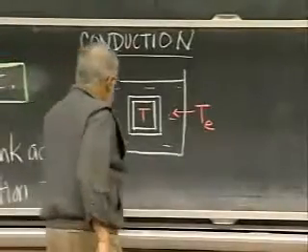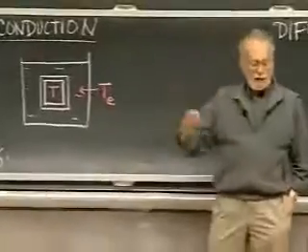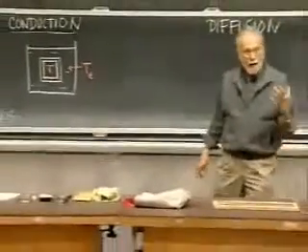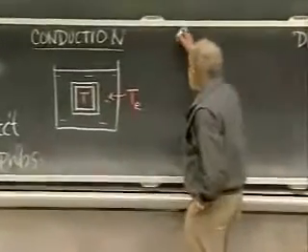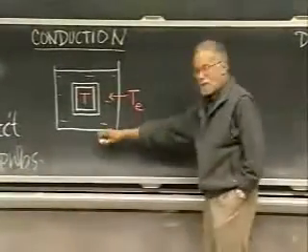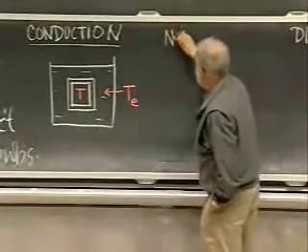Now, what is the model? In other words, how do I set up a differential equation to model this situation? Well, it's based on a physical law, which I think you know. You've had simple examples like this. The so-called Newton's law of cooling.